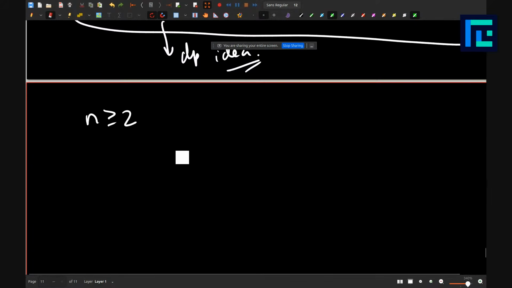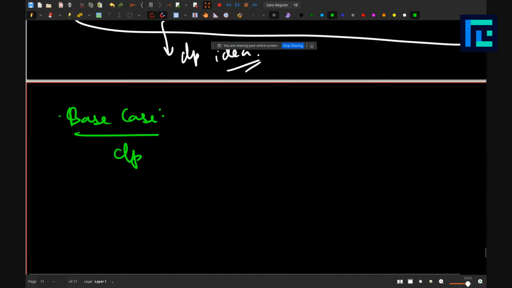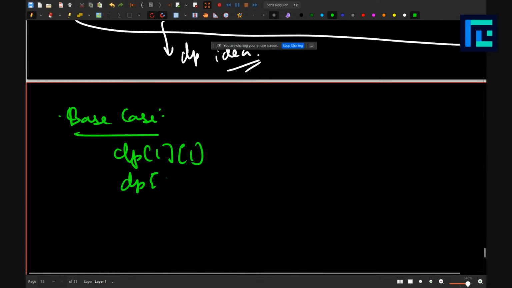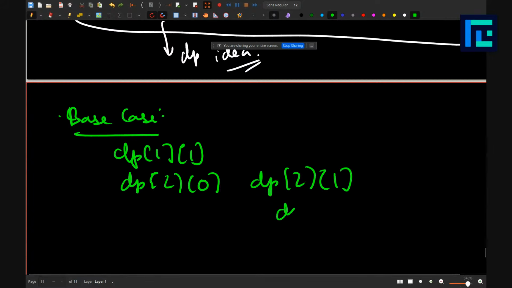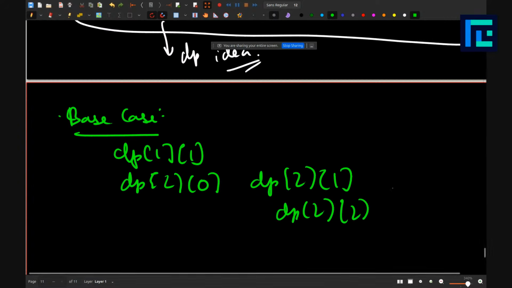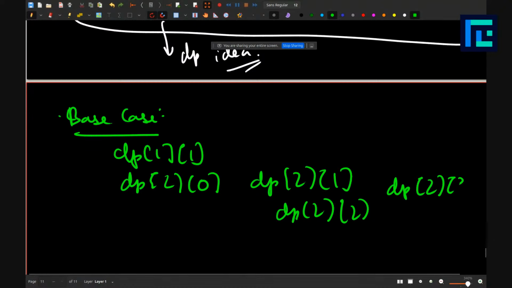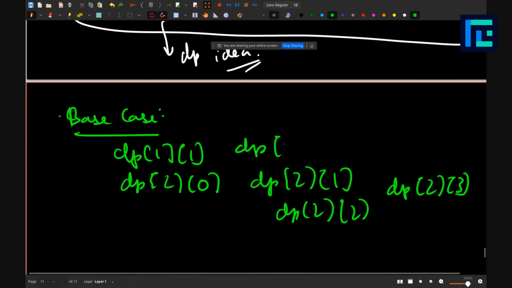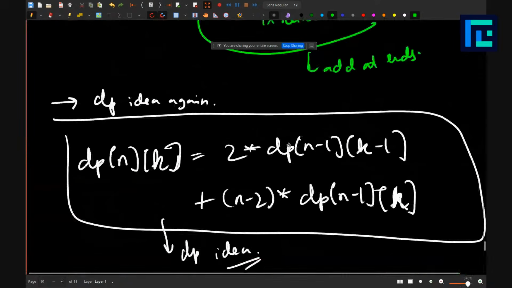So we need to handle our base cases: dp of 1 1, dp of 2 0, dp of 2 1, dp of 2 2, and dp of 2 3. These are the base cases which we need to handle in our dp, and most of these will be zero itself. So there are very few base cases.